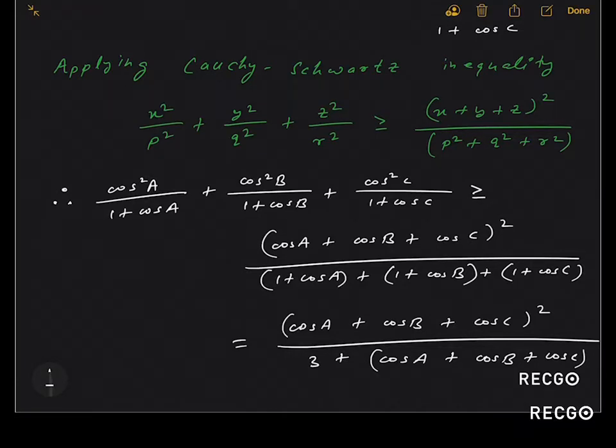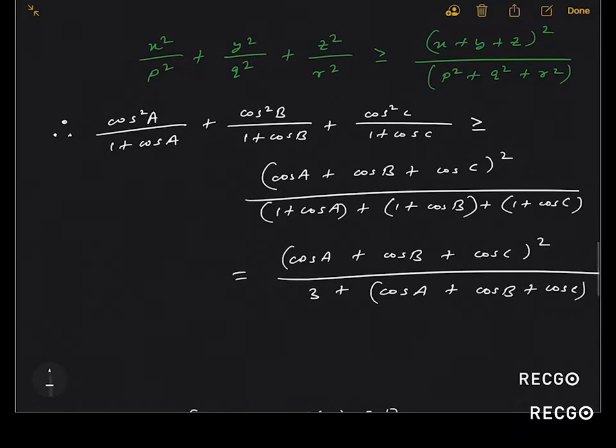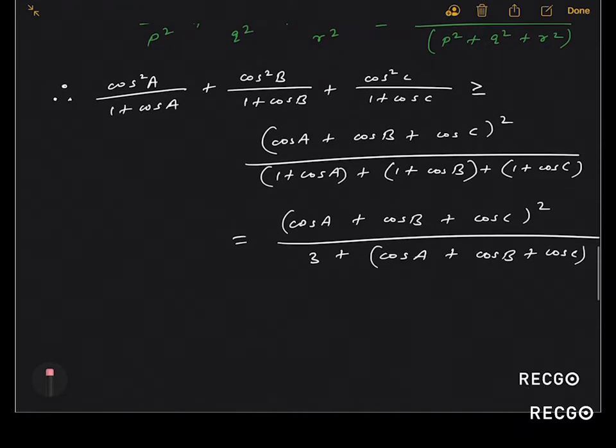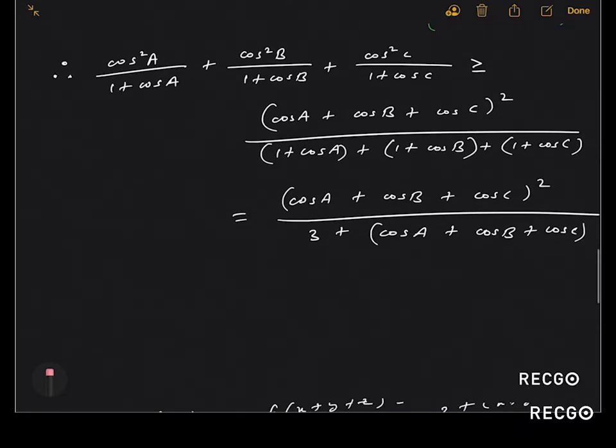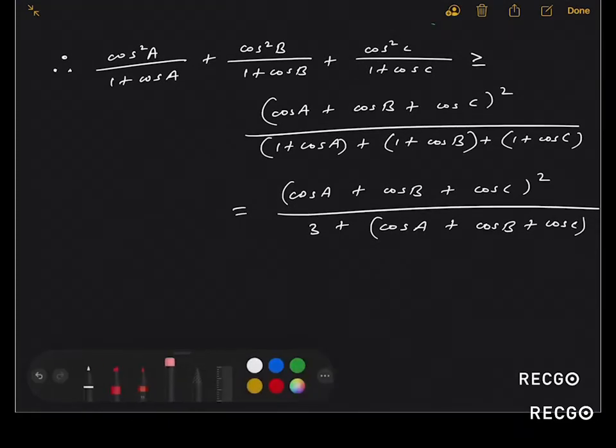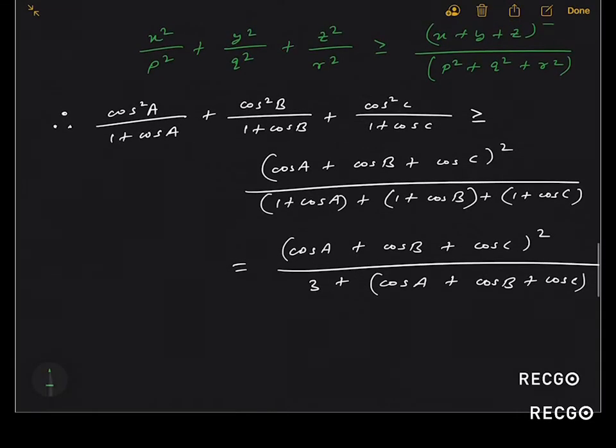So we are getting t² divided by 3 plus t. Now, if we could somehow get the idea of t² divided by 1 plus t, let's say in your mind, assume cos A plus cos B plus cos C as a new variable t. So what you are getting is t² divided by 3 plus t. So let us suppose I am assuming a function f of t.